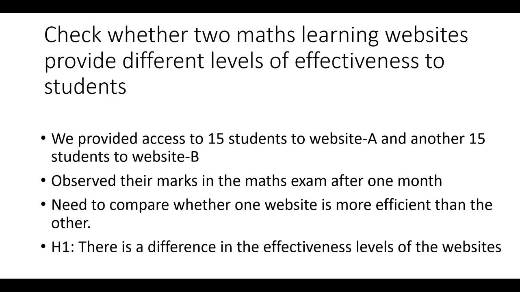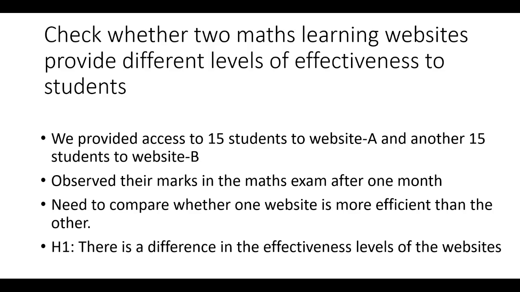The only difference is that the first group had access to website A and the second group to website B. So we need to compare whether one website is more efficient than the other. You could tentatively give a hypothesis, and the hypothesis here is that there is a difference in the effectiveness levels of the websites.